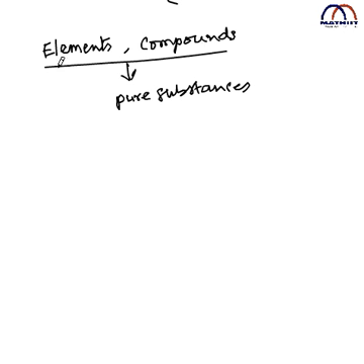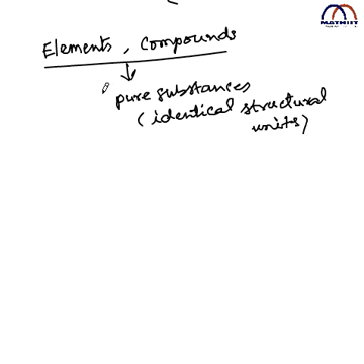These particles may be atoms, which we call the fundamental structural units in elements and compounds. What I am trying to say is that elements and compounds contain identical structural units with which they are made up of. There is no difference at all. That is why they are considered under pure substances in the classification.